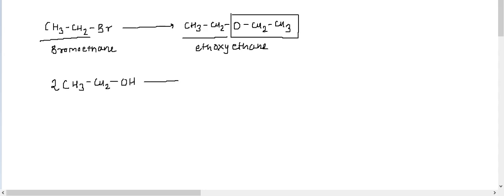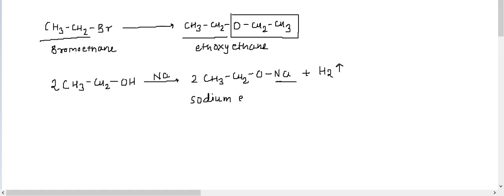Now I am going to heat this alcohol with sodium. Now what will happen? We will get 2 CH3CH2ONa, and H2 gas will evolve. Now what do we have? We have sodium and ethoxide, so sodium ethoxide.